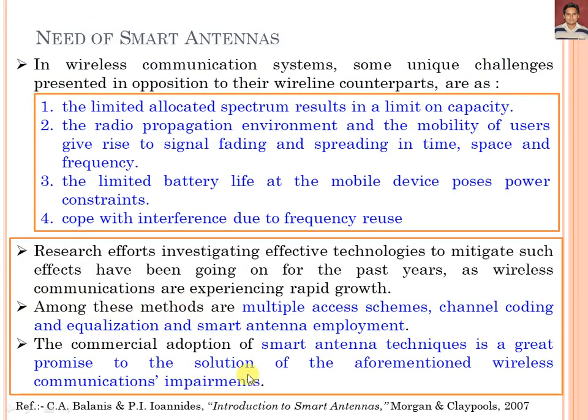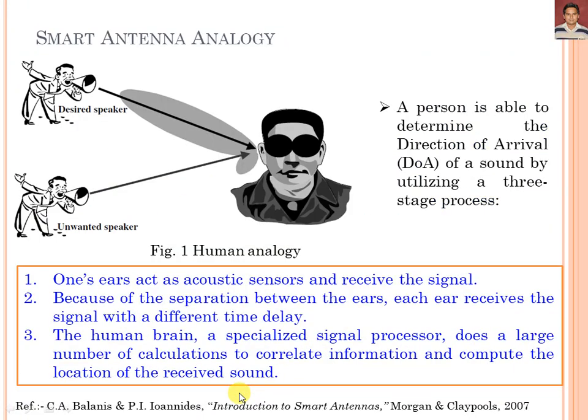The commercial solution of smart antenna technique is a good promise for overcoming the aforementioned wireless communication impairments. So, we can understand the analogy between smart antenna technology and human technology, I mean the human analogy.